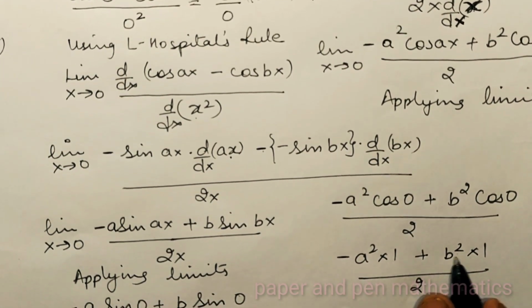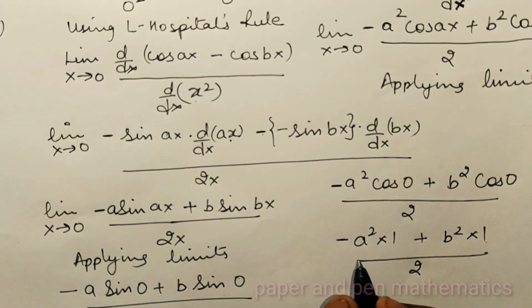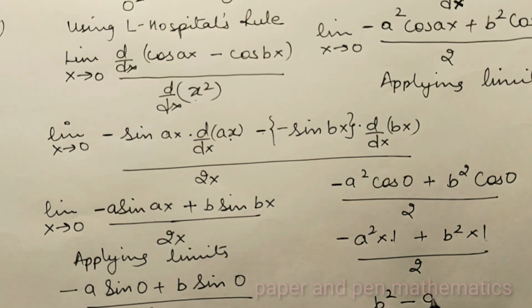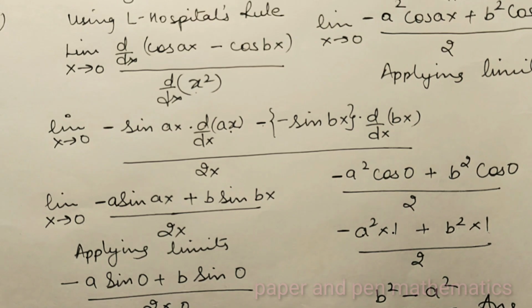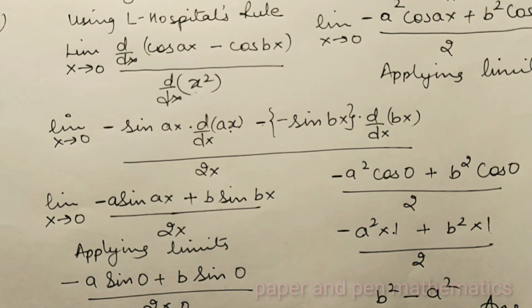So your answer is coming, b square into 1 will give you b square, then writing the negative sign afterwards, minus a square into 1 will give us minus a square, whole divided by 2. So this is our answer. So students, I hope you all have understood how to use L'Hospital rule in finding the limits of the question.